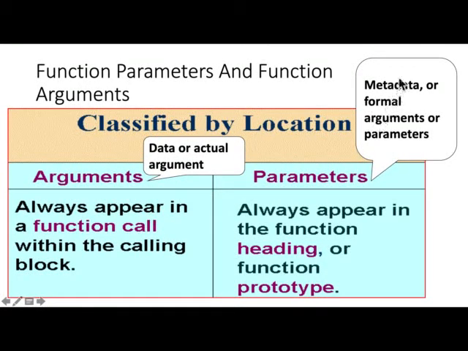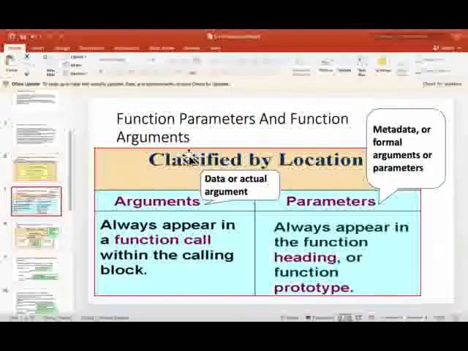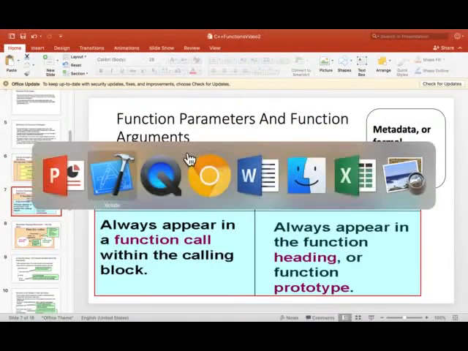You can think of parameters as metadata or formal argument. Metadata, formal argument, or parameters, same thing. But argument is actual data or actual argument. Metadata, real data. Let's go back to Xcode and see it.